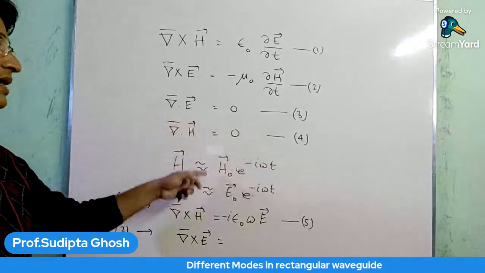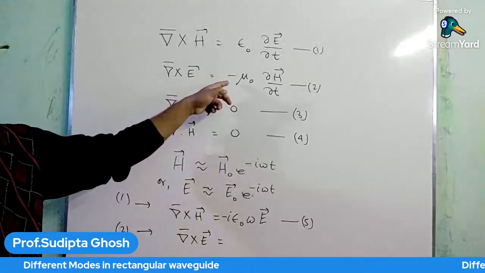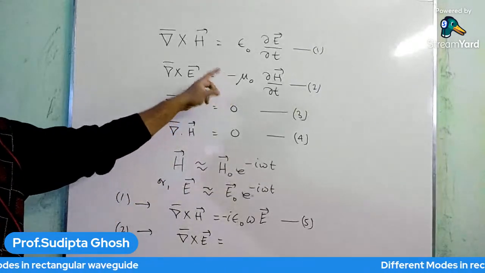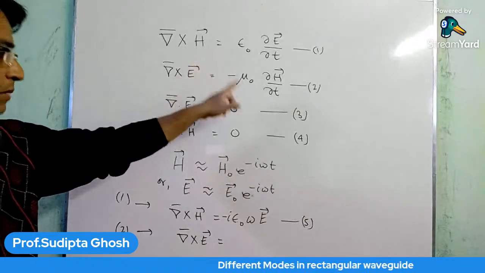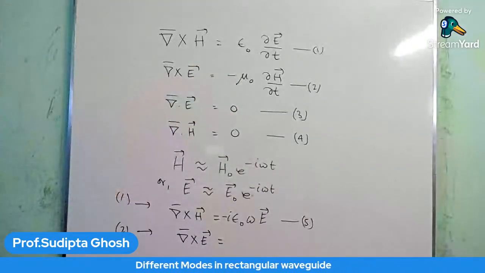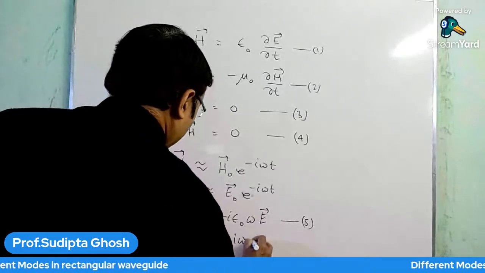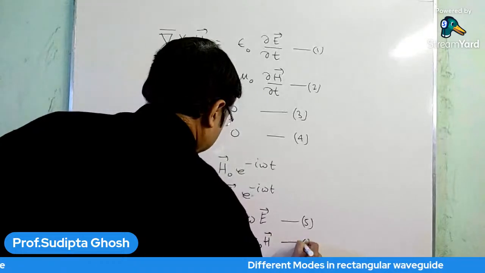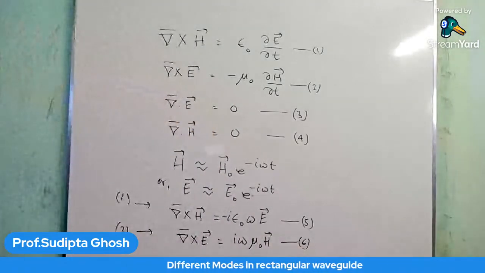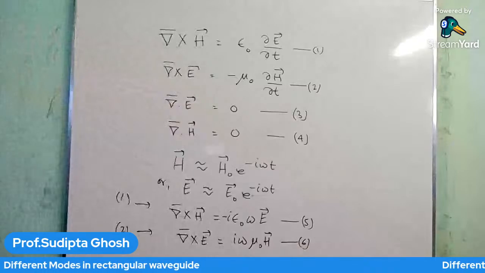That means minus i omega capital H. And here a minus already appears. So minus minus makes plus. So it will be i omega mu 0 capital H. I think up to this you have no problem, right?